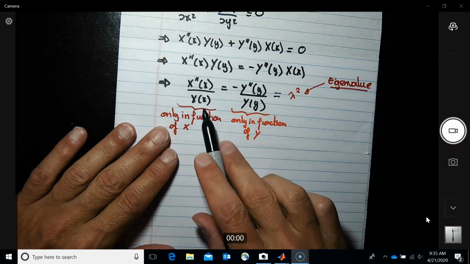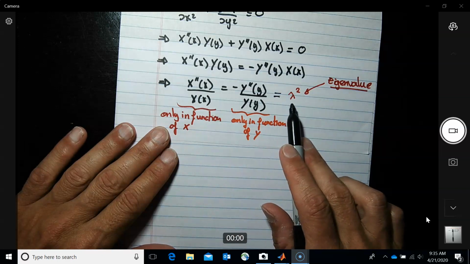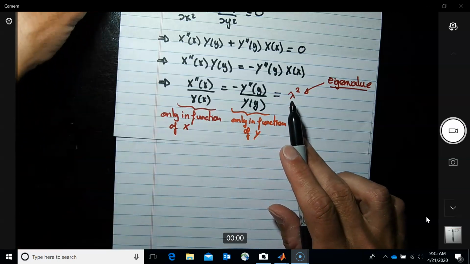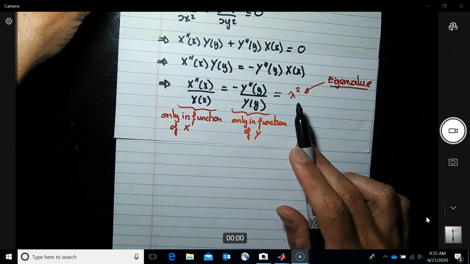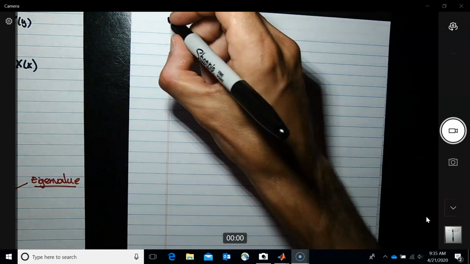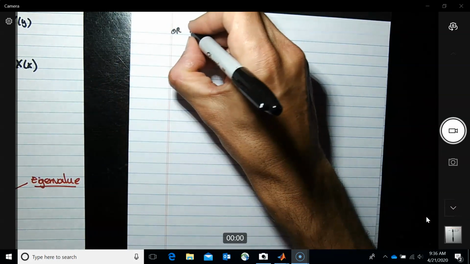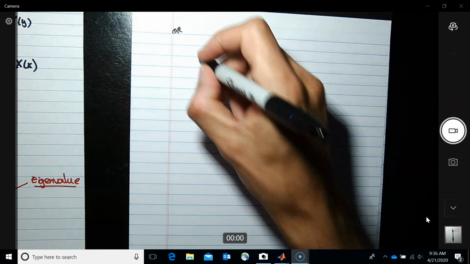The whole thing over here, you have this ratio and you have the lambda over here, okay? So we can set up over here. From here, you can get two different second order ODEs. So this becomes what?